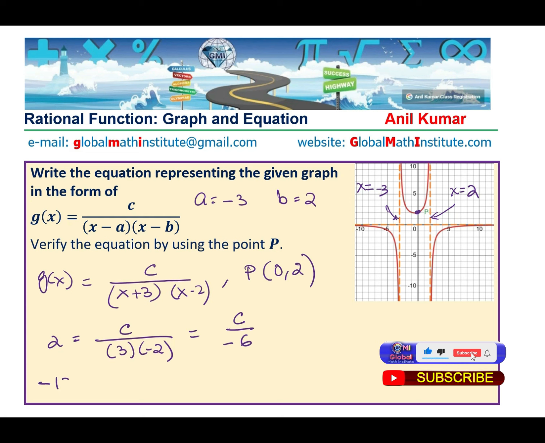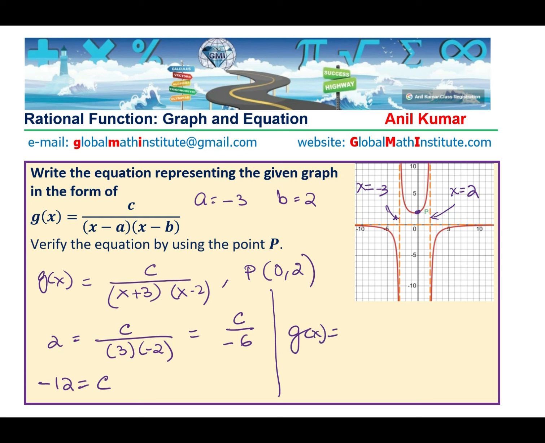Multiplying, you get minus 12 equals c. And therefore, we can write down the function g of x this time as minus 12 over (x plus 3) times (x minus 2). Perfect. As simple as that. That is how you get the equation of this reciprocal quadratic function in the form given to us.